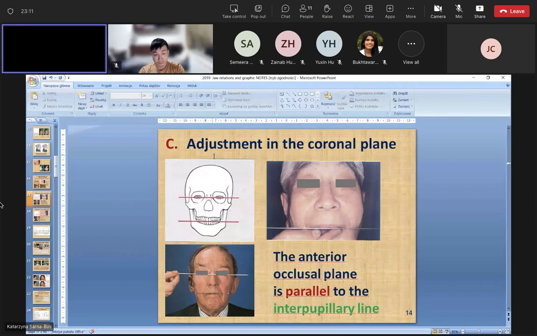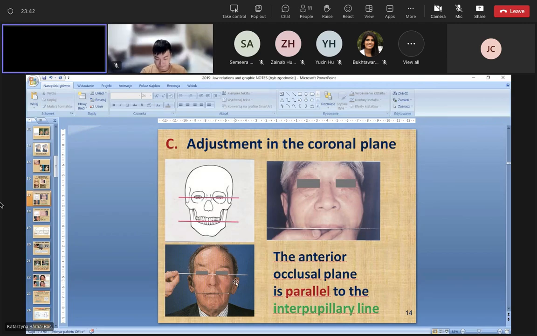These guidelines ensure that the occlusal plane appears horizontal in relation to the general symmetry of the face. Failure to follow these guidelines will result in an unsightly, lopsided appearance of the finished denture. So remember this rule: the anterior occlusal plane is parallel to the interpapillary line.